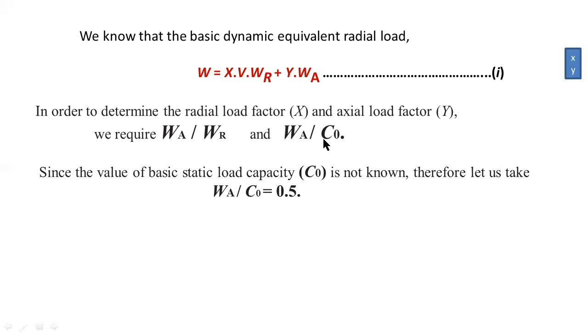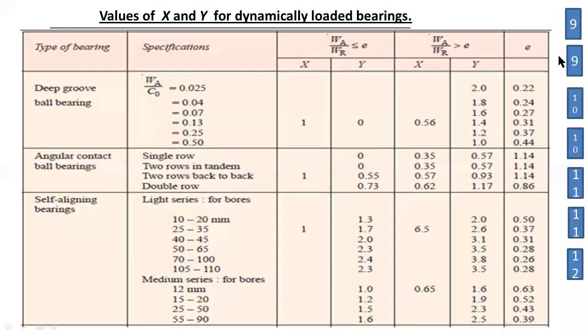So first of all, you have to consider a suitable value from the data handbook. Our given problem is a deep groove ball bearing, so these values are taken for deep groove ball bearings. These are the values for WA by C naught.